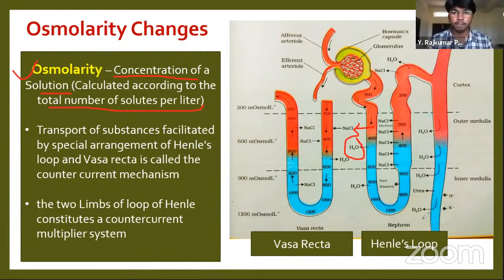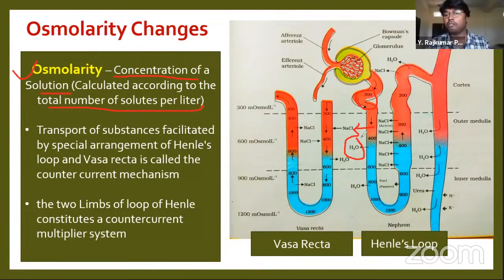So when you are removing the water content from a solution, what is happening? Finally, the concentration of that substance will increase, isn't it? That's what is happening here. In the PCT, the concentration of the filtrate is 300 osmolarity.